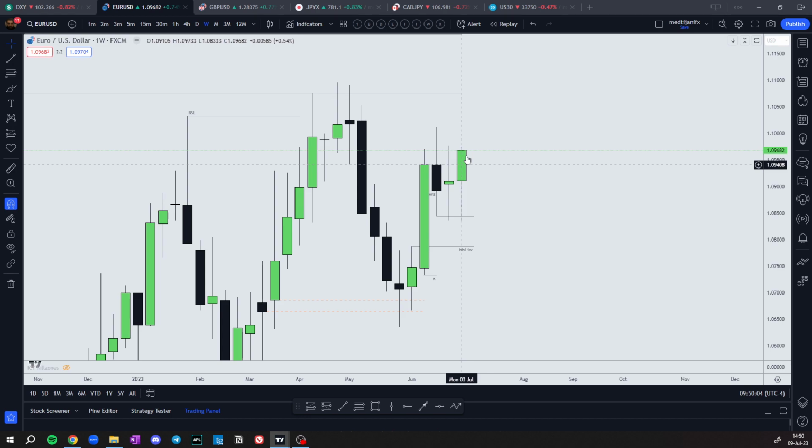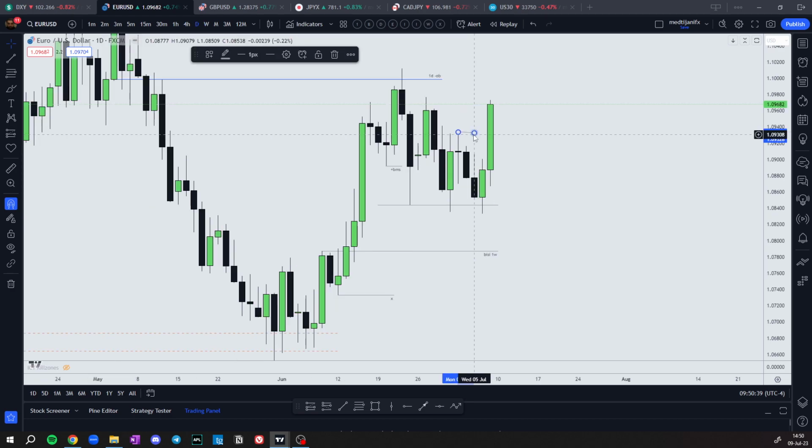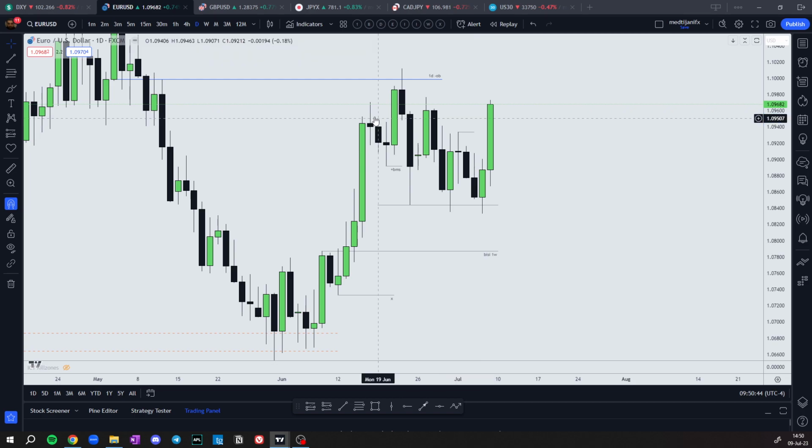On the daily time frame, it is the same explanation as we have on the US dollar. The IOF of the daily time frame was bearish because price went higher, mitigating this daily order block, and it broke market structure.